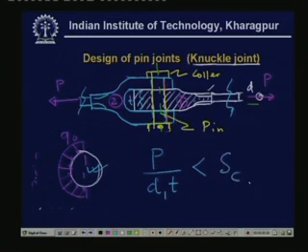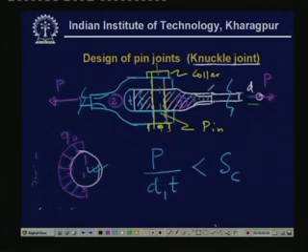The crushing strength is definitely more than the tensile strength, because the material is very tough against crushing. This is another formula to be used to check the safety of the design of this I bar. These are the three things one has to consider while designing this I bar.